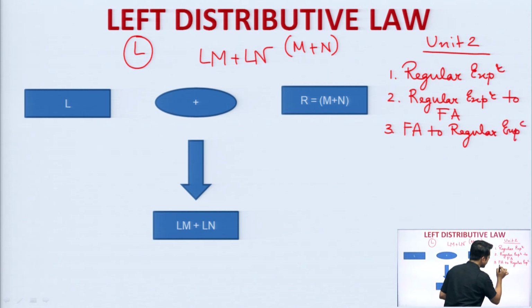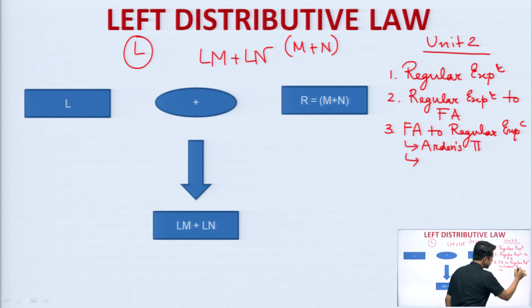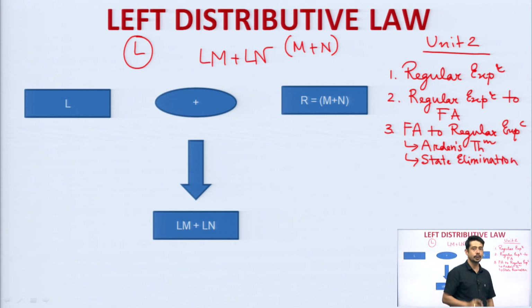and for this you will be coming across two concepts. One is ARDEN'S theorem that you have already seen, and one more is known as the state elimination method, which we will be discussing in the upcoming video. Okay. So, these are the two methodologies with the help of which you can convert a finite automata to a regular expression.